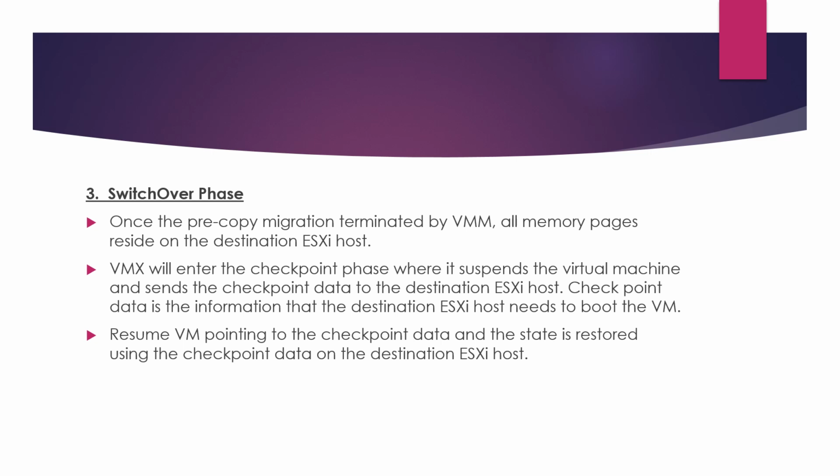Checkpoint data is the information that the destination ESXi host needs to boot the VM. So the destination VM will resume, pointing to the checkpoint data supplied by the source ESXi host, and the VM continues exactly the same as it was on the source.